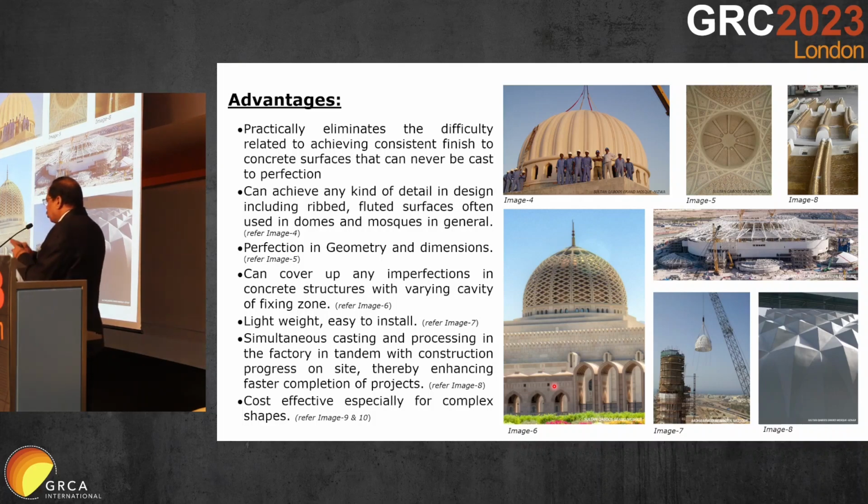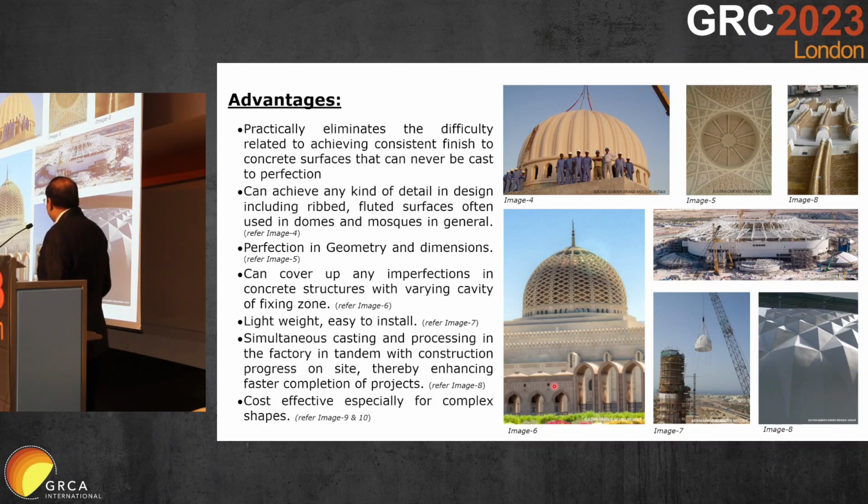And these are U-shaped, channel-shaped GRC segments. In fact, this was an old project, and at that time there were no LEDs. This was almost 30 years old, or maybe 28 years old. So they had put normal tube lights, actually. And recently we replaced them with LEDs.